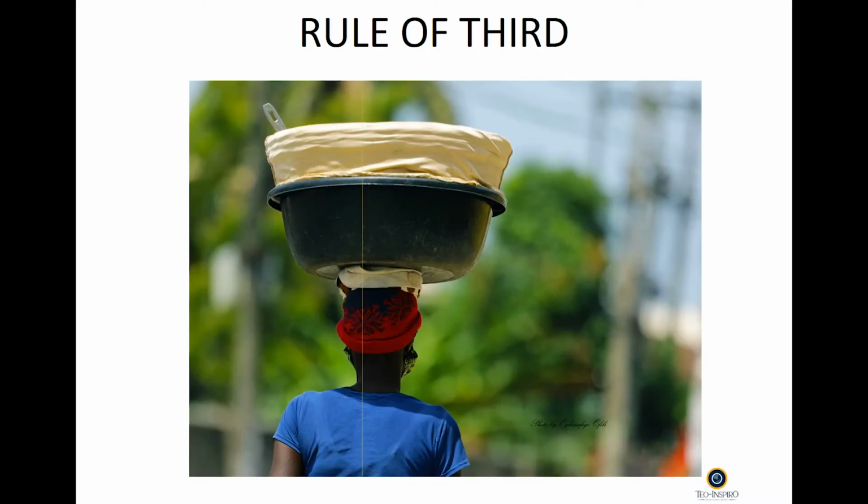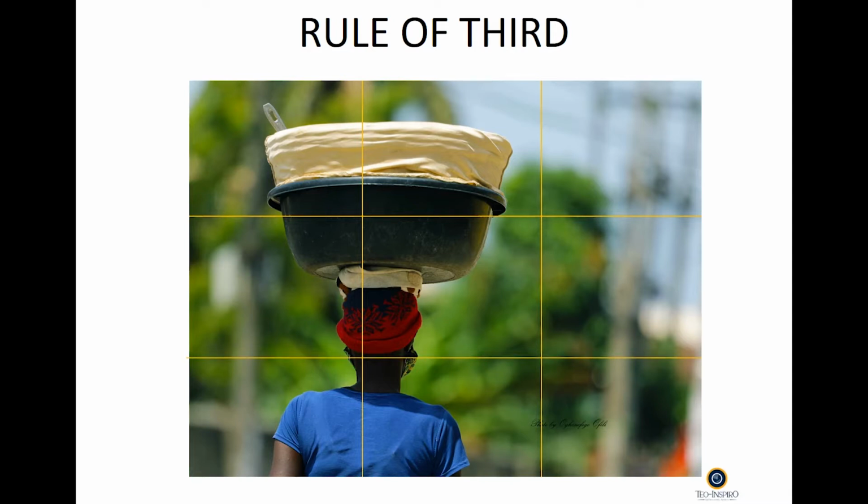The first one, which is like the most popular composition technique, is the rule of third. The rule of third basically says if you divide the frame of your camera into 9 equal boxes, your subject should not be in the middle.